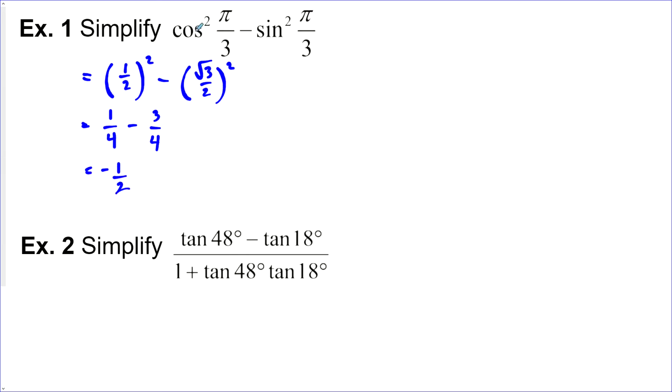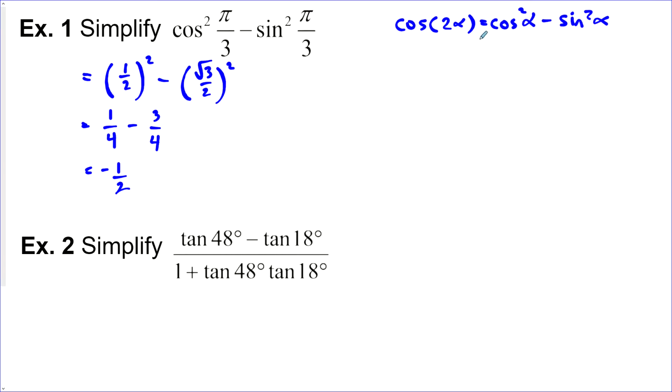But there's another way to do that. Using the identities that we just discovered, cos squared alpha minus sine squared alpha should look familiar. Because we just did it, cos 2 alpha is equal to cos squared alpha minus sine squared alpha.